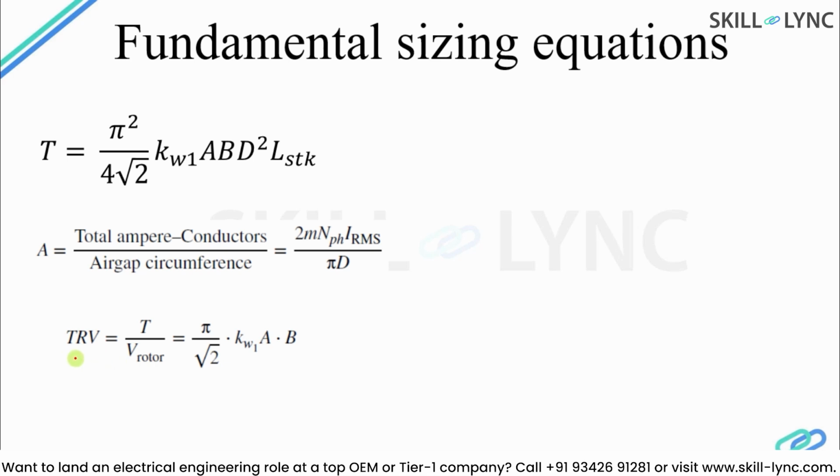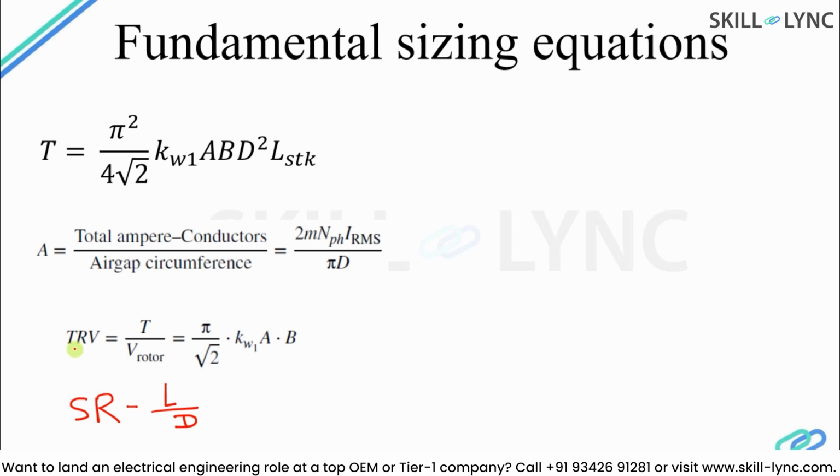TRV is one such important parameter for the sizing of the motor, and there are other important parameters such as shape ratio, which is usually called L by D, or sometimes it is also referred to as L by D square or L square by D, and so on, depending on the type of the motor. This shape ratio is also a very important parameter for motor design.